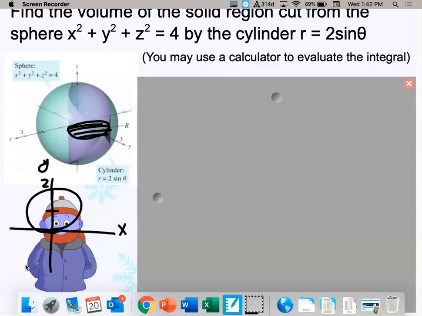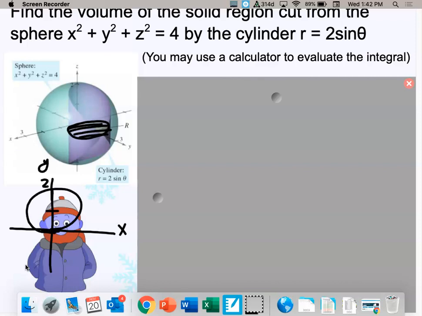So for a rectangular triple integral, if you're finding volume, there's no integrand. For a cylindrical triple integral, if you're finding volume, remember everything has to get multiplied by r. It's like your integrand is 1, so now your integrand is r. So you're going to have an integrand of r.